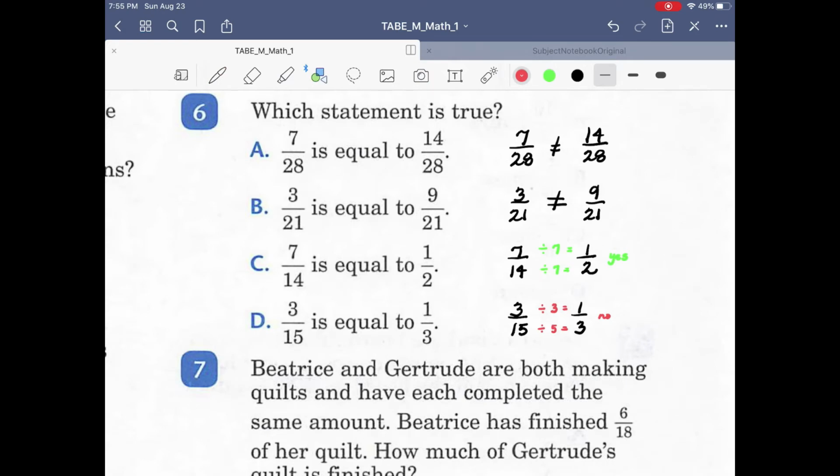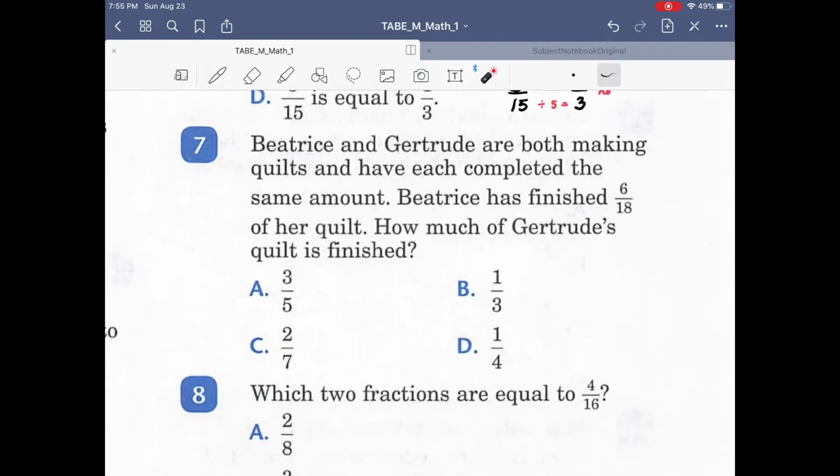So this is a no. And the equivalent one, the true statement, is C for number 6. Number 6 is C. If you have a calculator, you could put these in to see if they equal.